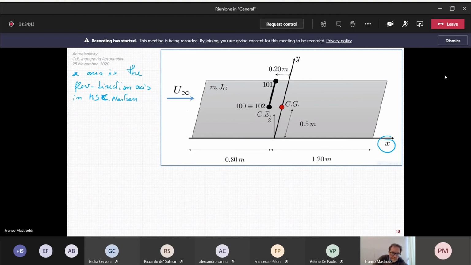So we have this direction for the x-axis. Here you have a leading edge line like this, and you have a trailing edge line like this. You have a very, very thin airfoil like this. The chord of your airfoil is 2b equal to c, the chord, and this is equal to 2 meters. So b is equal to 1 meter.